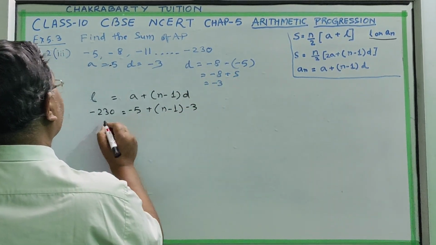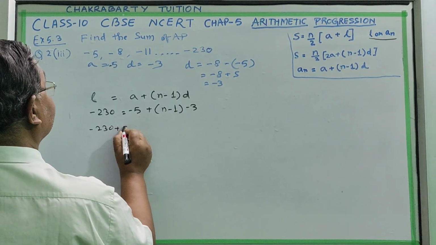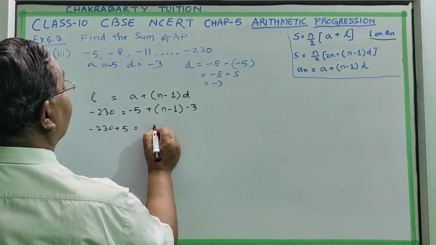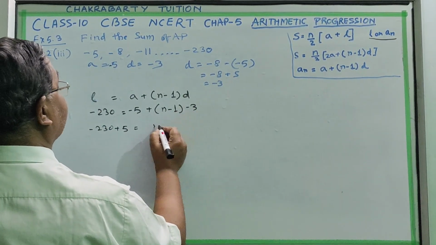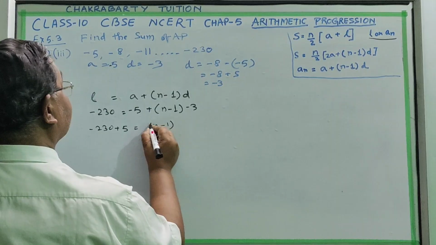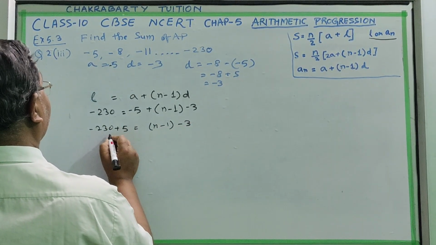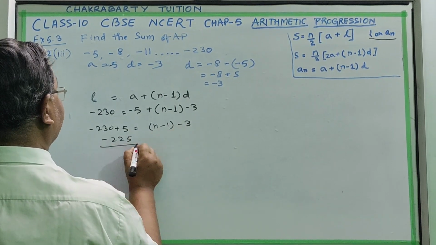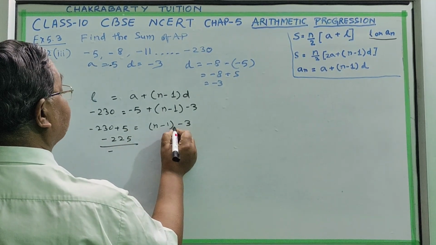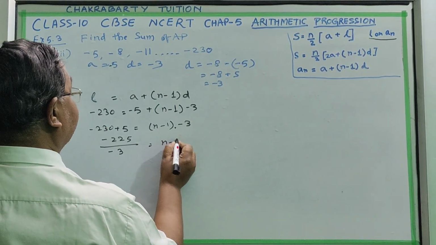So minus 230, this minus 5 will come to this side and become plus, equal to n minus 1 and minus 3. So it will be minus 225, and this minus 3 we can take to this side with the divide sign, equal to n minus 1.